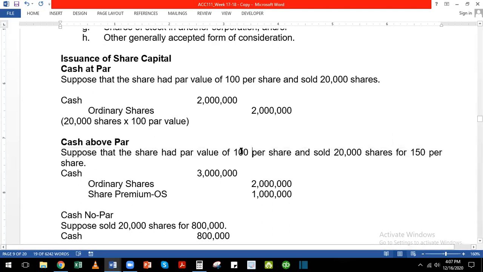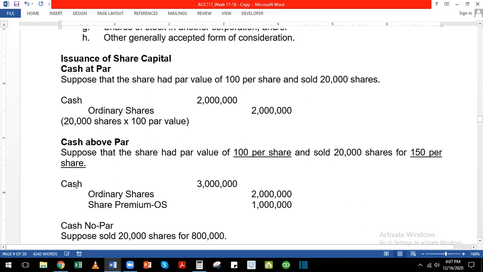So magkano yung par value? Diba 100? So 100 yung minimum price ng share. But in this case, pila yung gibaligya guys? Ang pagbaligya niya kay 150 per share. So that's why above par value. So ano daw yung entry if it is above par value?